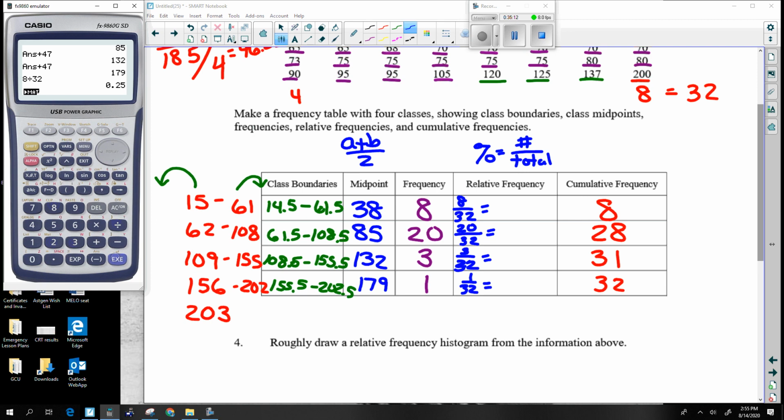So 8 out of 32, 20 out of 32, 3 out of 32, and 1 out of 32. So this is going to be 0.25, 0.625, 0.0938, and 0.0313.